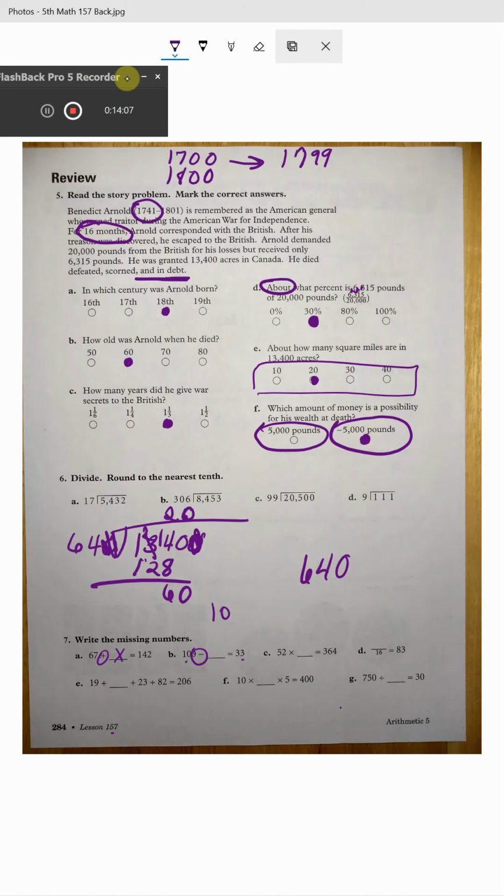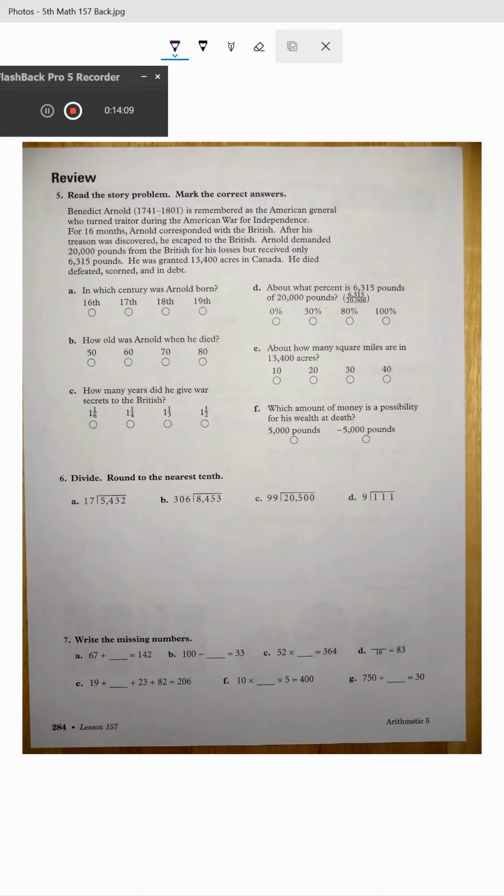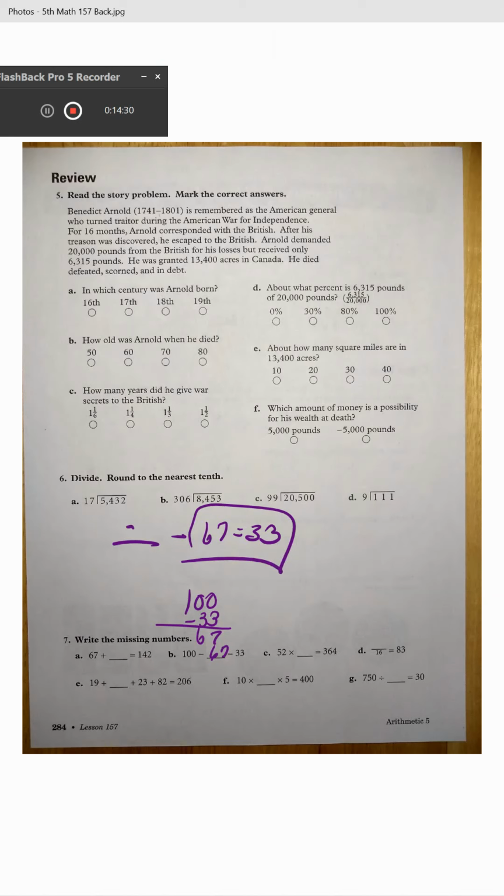You would do 100 minus 33, and that would give you 67, right? But let me show you when you could add it. If they were missing the 100 and you had the 67 equals 33, at that point you would add these two to get that one.